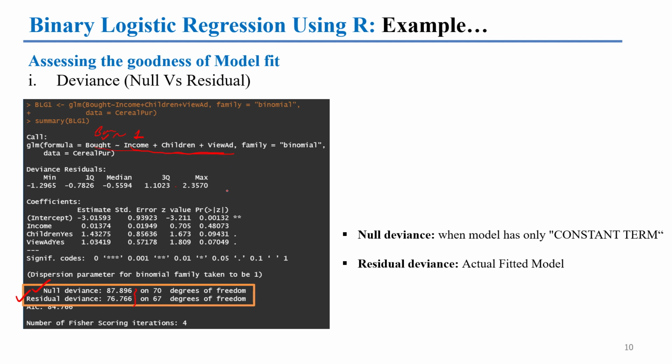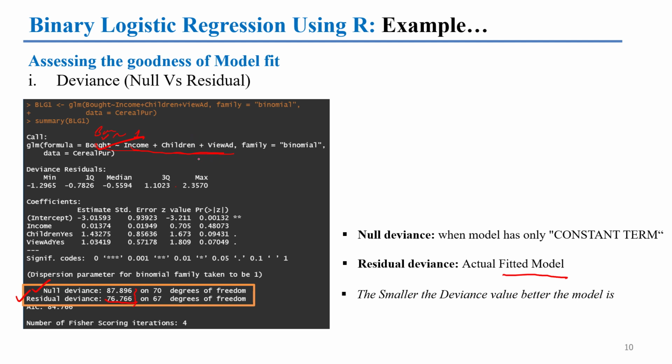As we can see from the deviance results, our residual deviance has the smaller value. That means the model we have fitted right now, where our independent variables are income, children, and view ad, is better than the null deviance model.